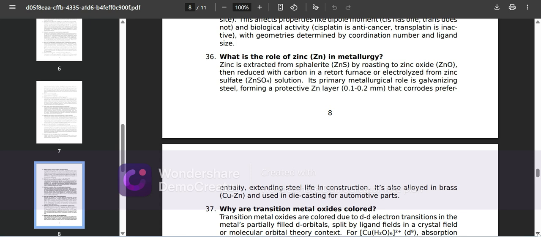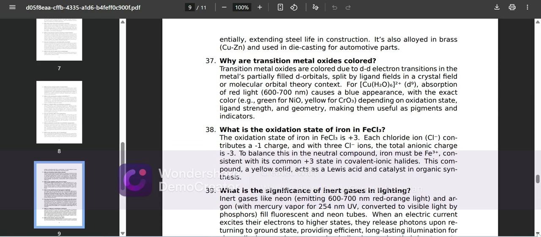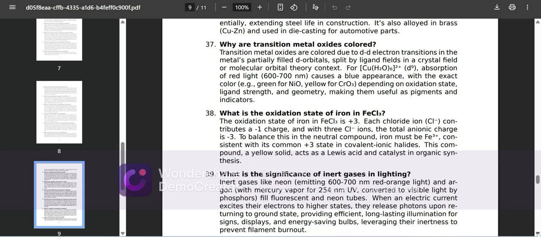Its primary metallurgical role is galvanizing steel, forming a protective zinc layer, 0.1 to 0.2 millimeter, that corrodes preferentially, extending steel life in construction. It's also alloyed in brass, Cu-Zn, and used in die casting for automotive parts.